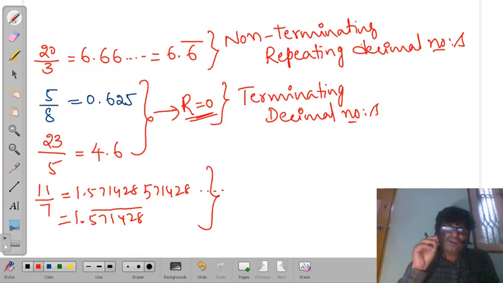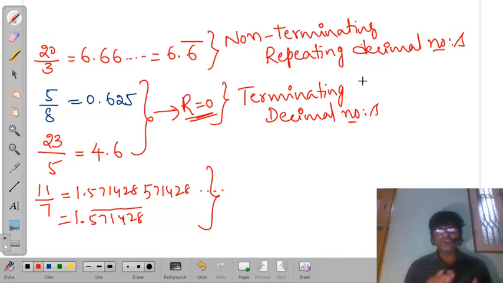If you have a decimal number which is terminating, it can be written in fractional form, as a ratio, so that is a rational number. A terminating decimal number or a non-terminating repeating decimal number can be written as a rational number, right? Like that we can conclude.